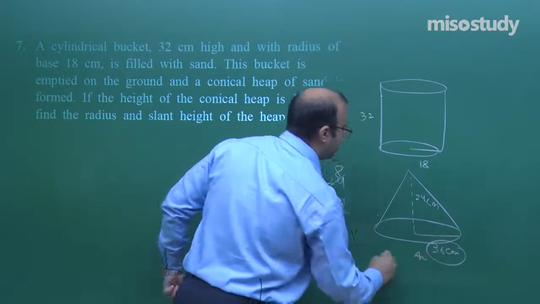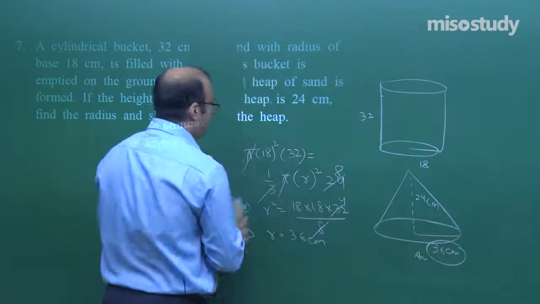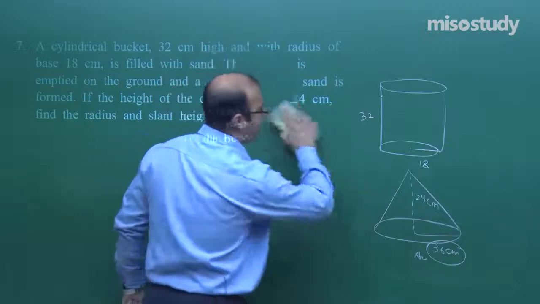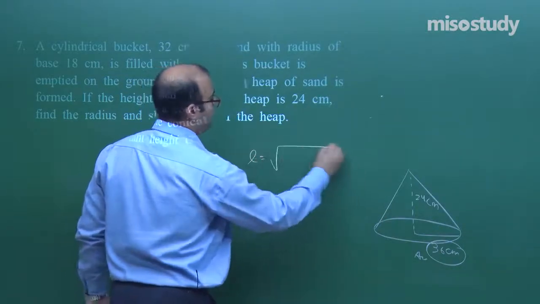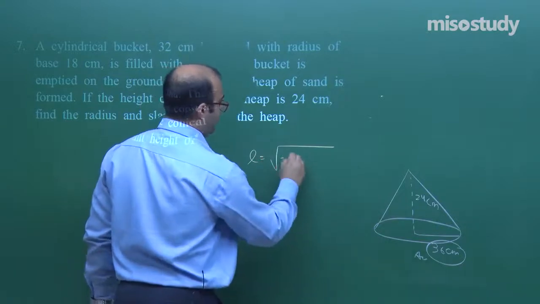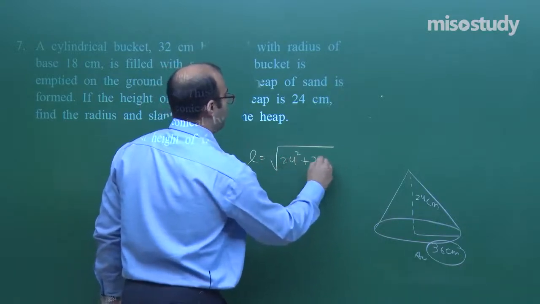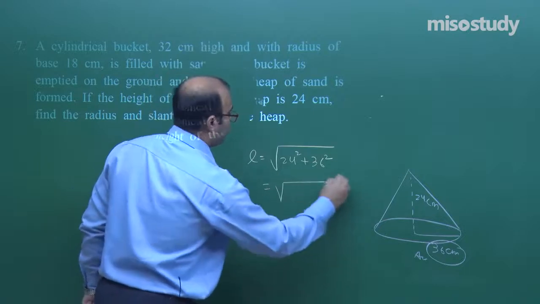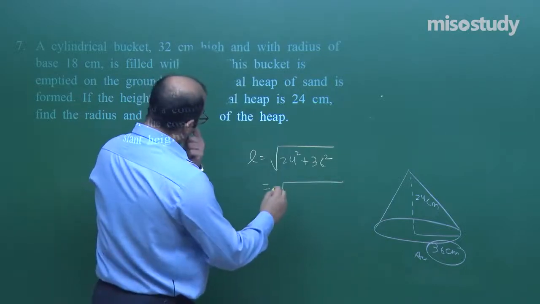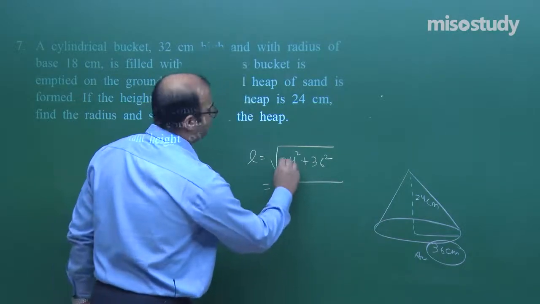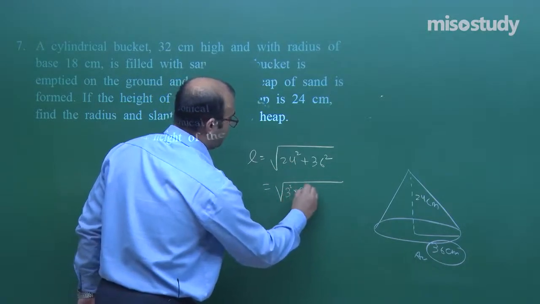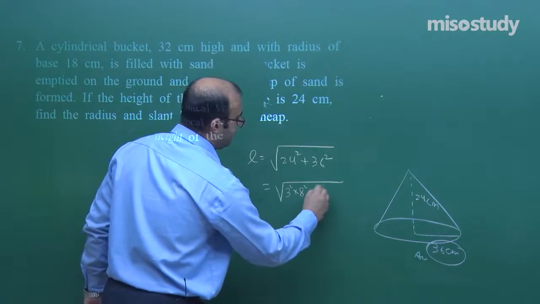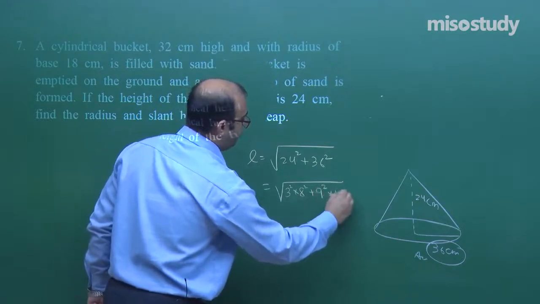This is one answer. Another is finding the slant height. So what will be the slant height? Of course slant height is going to be root over h square plus r square, that is 24 square plus 36 square. So what we can do? 24 can be written as 3 into 8, so 3 square into 8 square, and 36 is 9 into 4, so 9 square into 4 square.